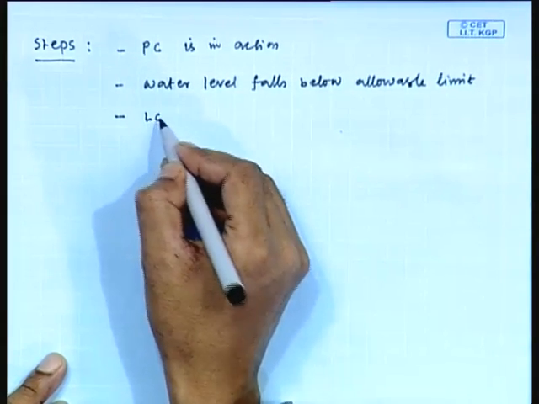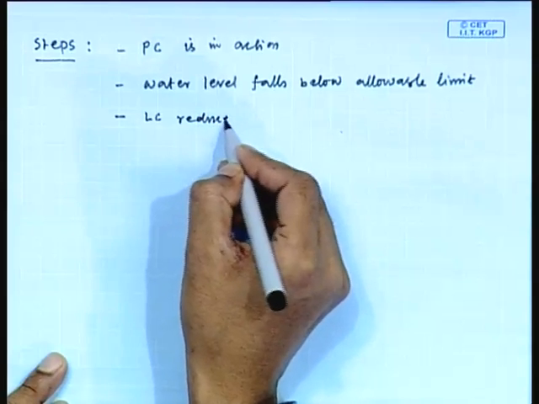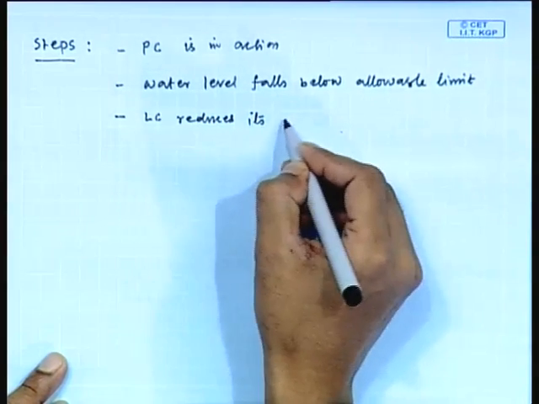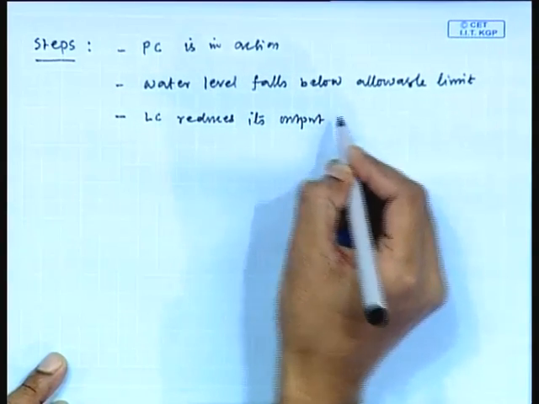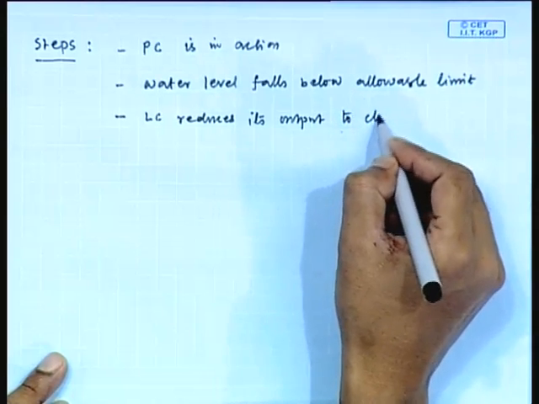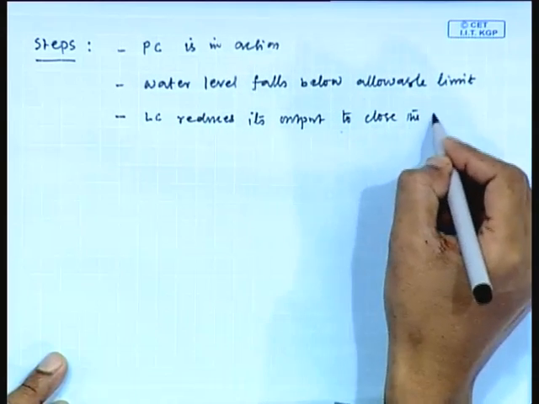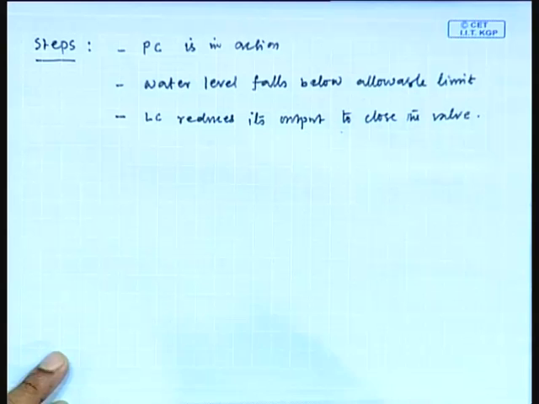Then the level controller reduces its output to close the valve. Fine. Now, when the level controller's output drops below the pressure controller's output, the LSS selects the level controller's output signal.